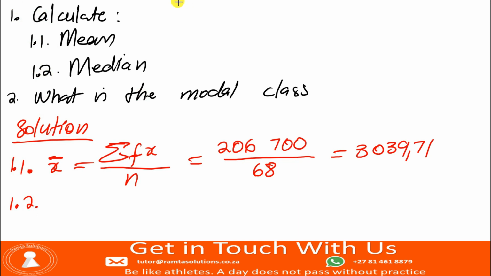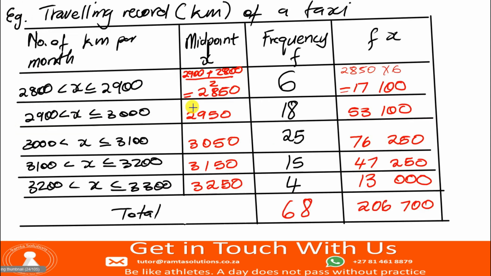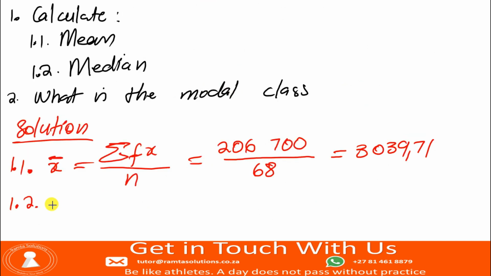What you need to look at is this. You have 68 trips. Now the median must be lying between the 34th and 35th trip. Remember, the median divides data into two equal halves.